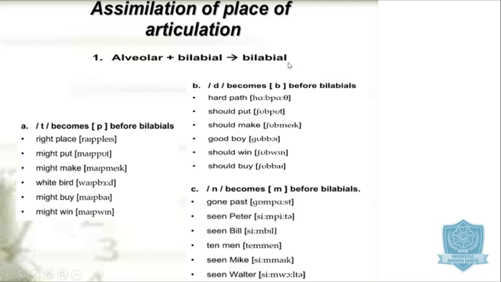I repeat, the alveolar consonant like T, D, N plus bilabial like P, B, M, so the assimilation will be bilabial. For example, T becomes P before bilabials. The example is right place.